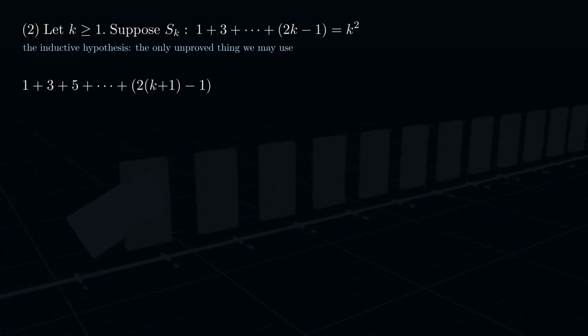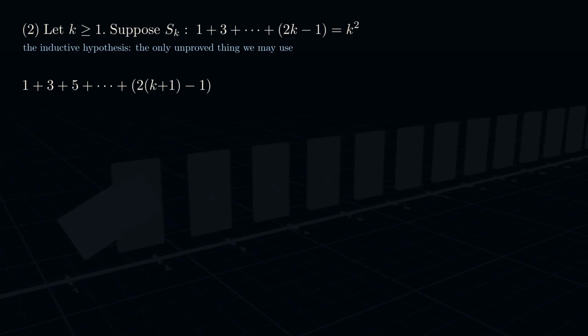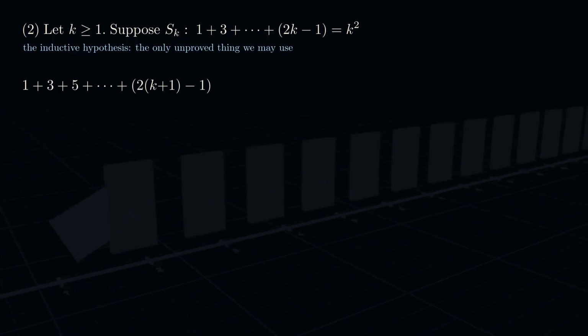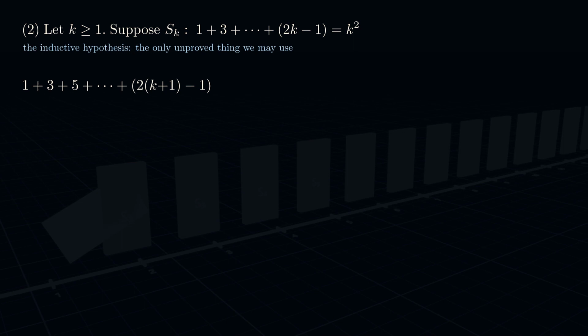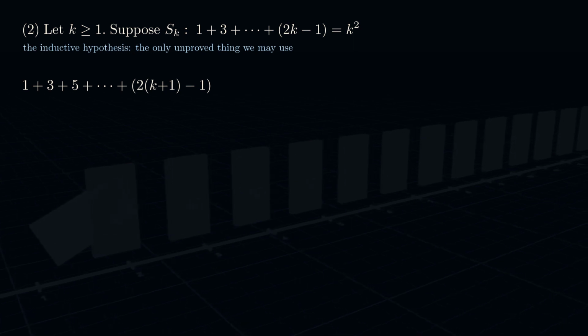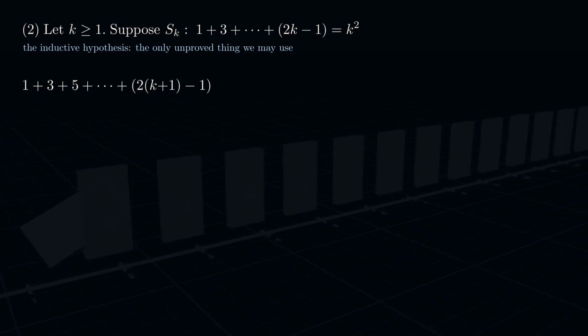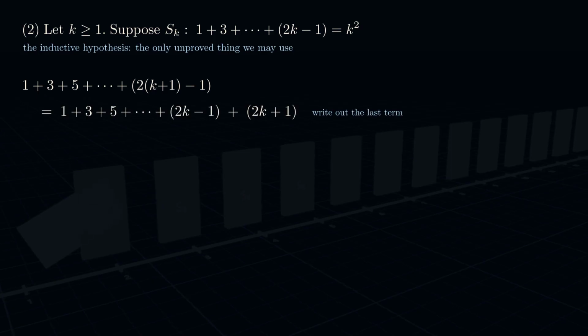Now start with the left side of Sk+1, because that is the thing we need to evaluate, and our plan is to turn it into the right side. 1 plus 3 plus 5 up to 2k plus 1. First move. Separate the last term. Write it as the sum up to 2k minus 1 in brackets plus 2k plus 1. Nothing has changed. We have only put brackets around the first k terms.